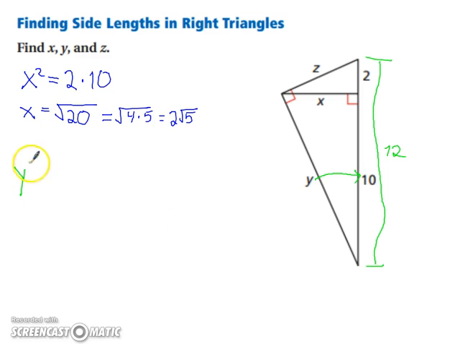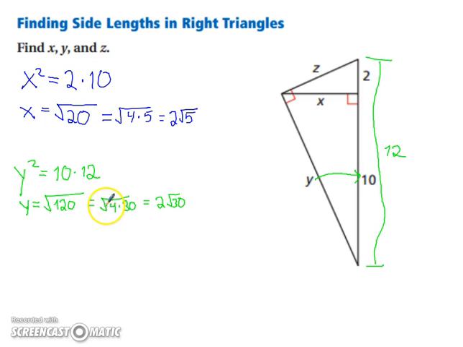So y squared equals 10 times 12, or you can think of it as y equals the square root of 120. And just like with the x, there's no nice square root of 120, but we can split this up into 4 times 30, which is 2 square roots of 30.